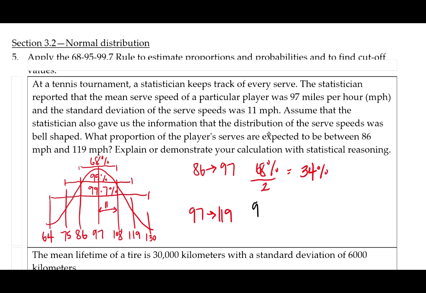So I'm going to take 95 and divide that by 2. And that gives me 47.5%. So then if I add 34% plus 47.5%, I get the total percentage that I want, which is 81.5%. That's the answer to my first example here.